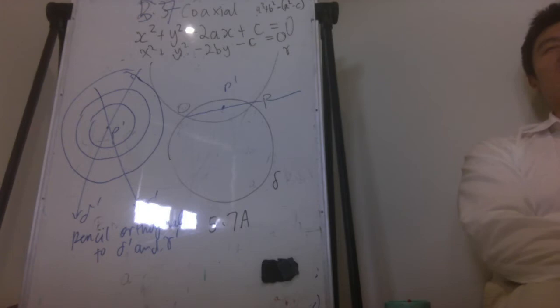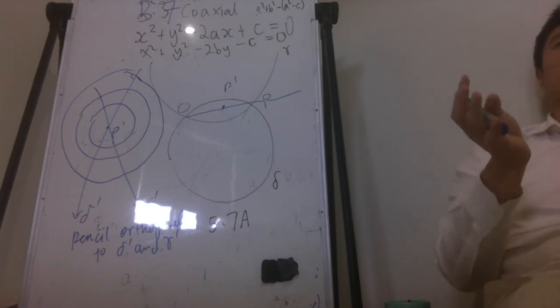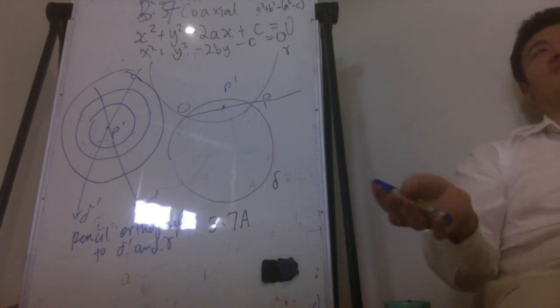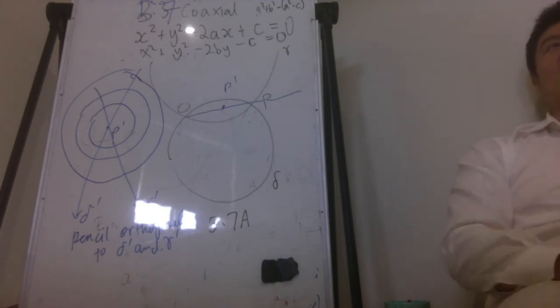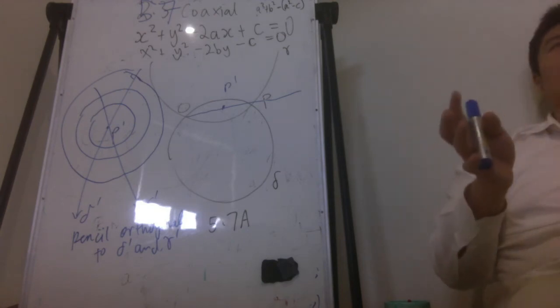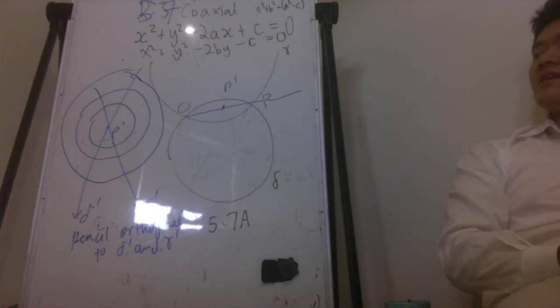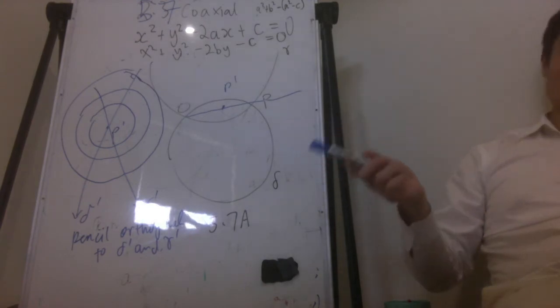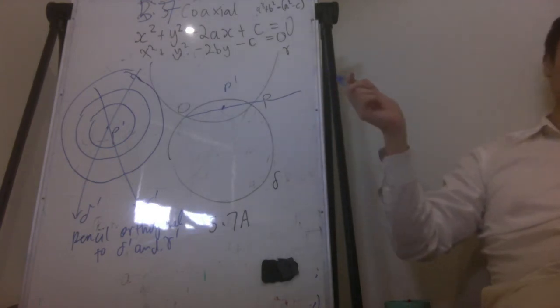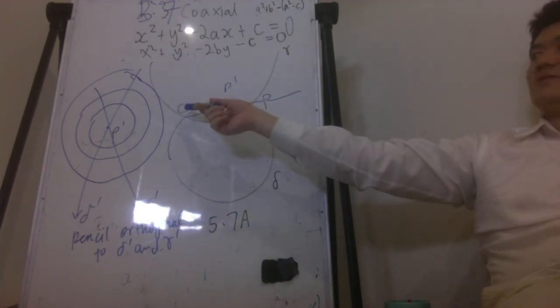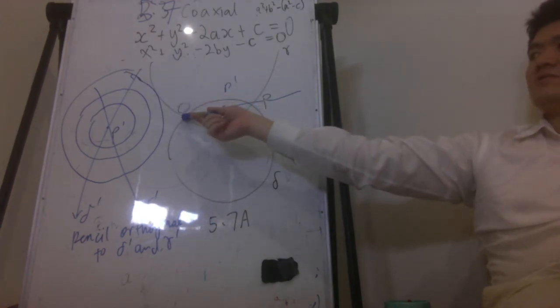If you don't know what the circles are, this could help you figure it out. So they have to be circles that pass through O, and O is one of the intersection points of gamma and delta.